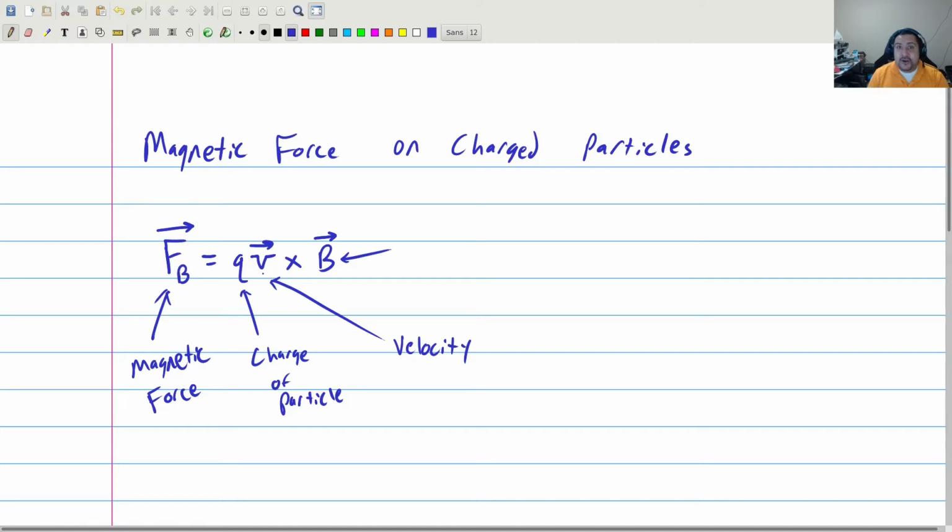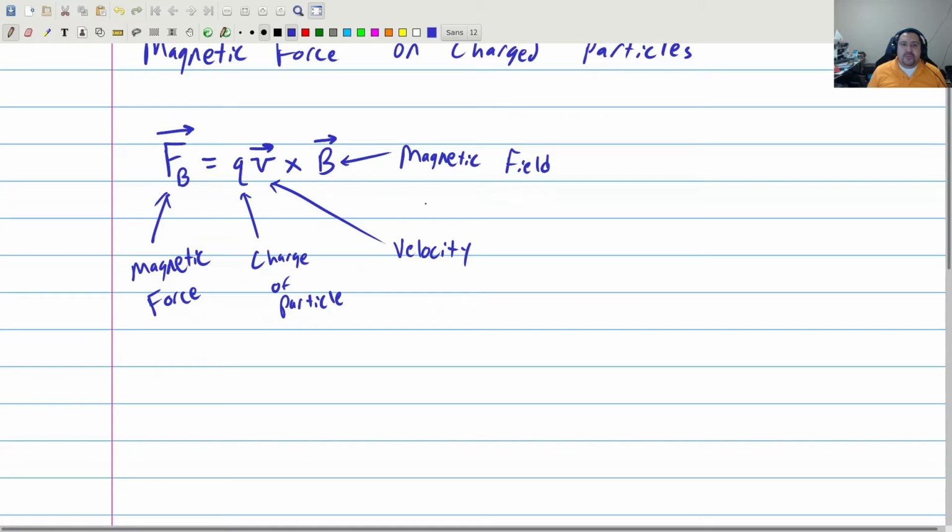It doesn't actually go any faster, but it looks faster. Same thing with the V. We put the wings on the V. It looks faster, even though it actually isn't. And then we have B. B is going to be the magnetic field. And remember, the magnetic field has a direction, so it's a vector.